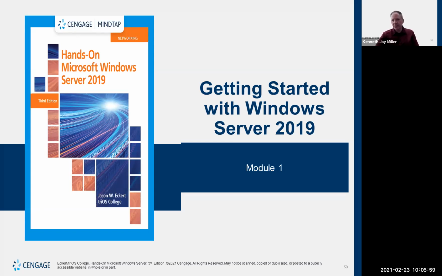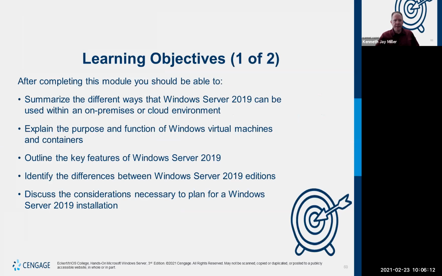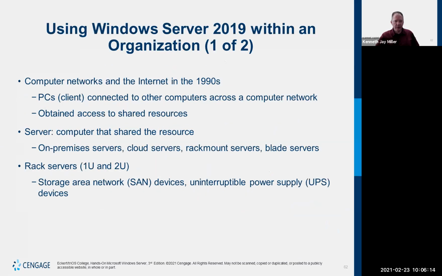So yeah, I'm just gonna go through a couple of things here, just so you're somewhat familiar with getting started with Windows Server. The first thing here is computer networks. It talks about that, and then it talks about where our servers are located.